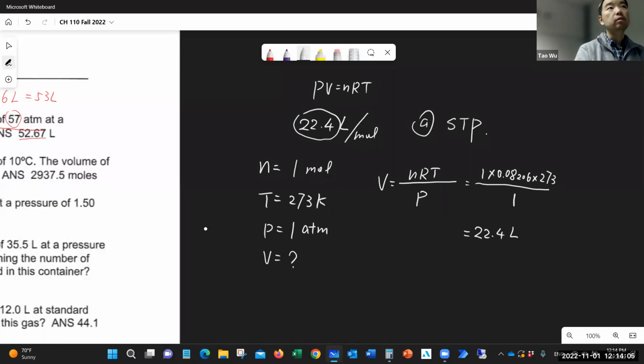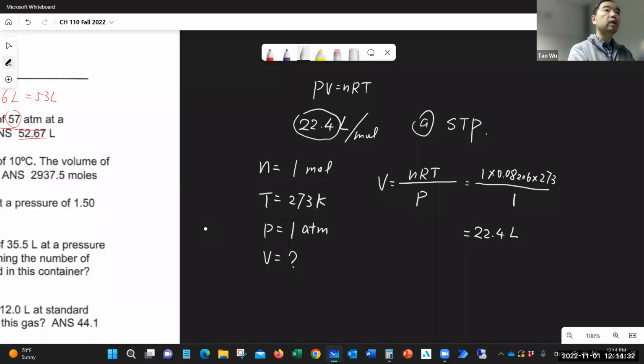No other number can be calculated, because the gas is controlled by those 4 parameters we talked about, right? So if 3 parameters are fixed, the other one should be fixed. That is the relationship between the gas pressure, volume, moles of gas, and the temperature.